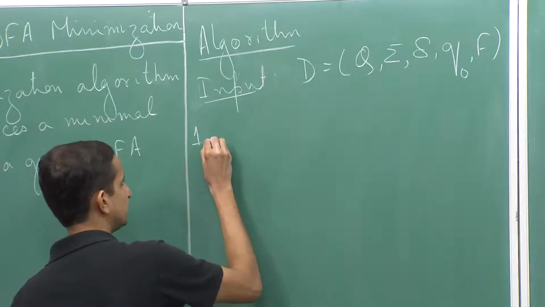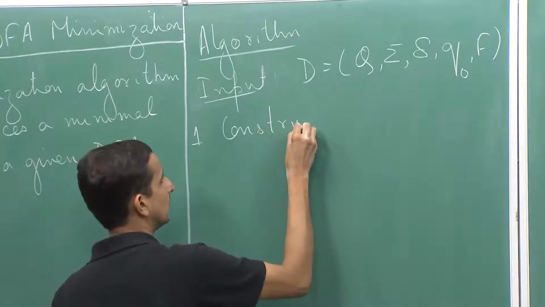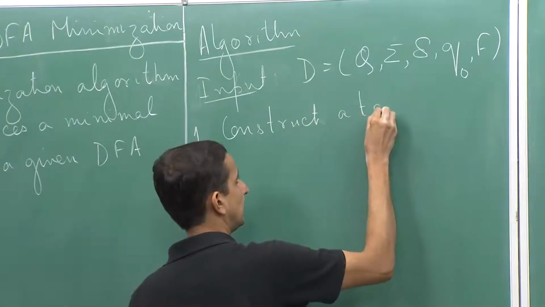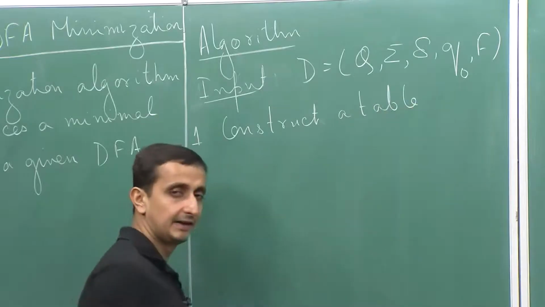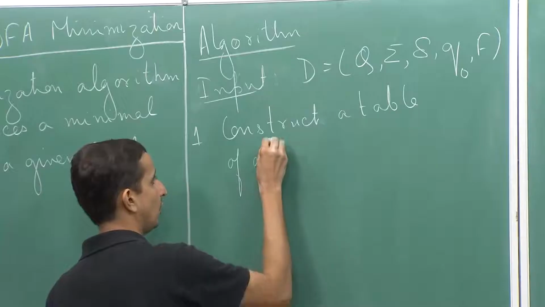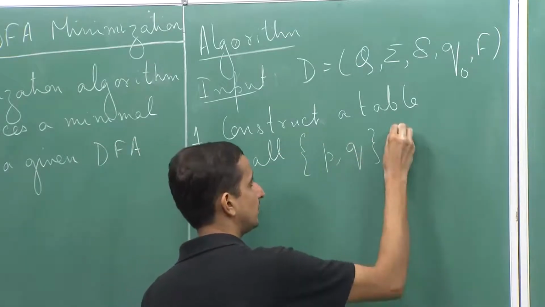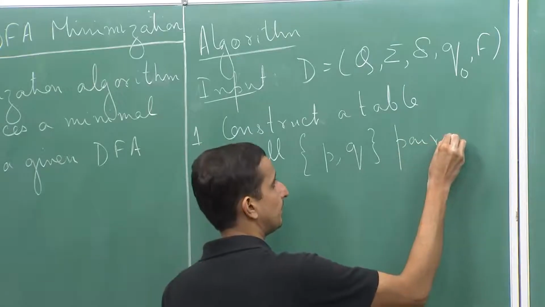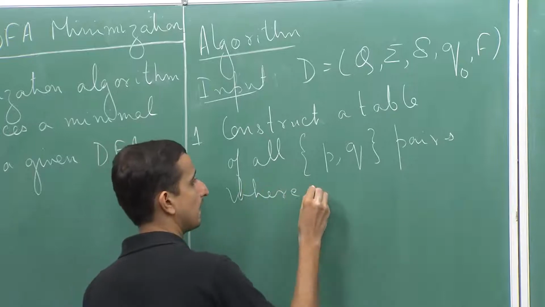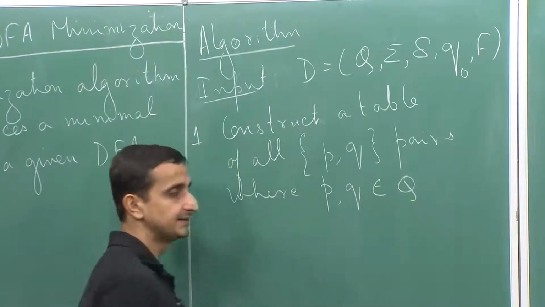Now, first we construct a table of all pairs {p, q} where p and q are states in the DFA.